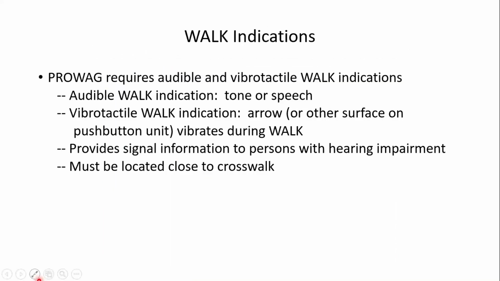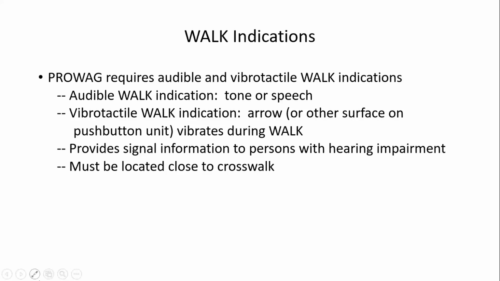Walk indications. PROWAG requires audible and vibrotactile walk indications. The audible walk indication can be a tone or speech depending on the spacing of the push buttons. For the vibrotactile walk indication, it should be a tactile arrow on the push button unit, and that push button vibrates during the walk indication.